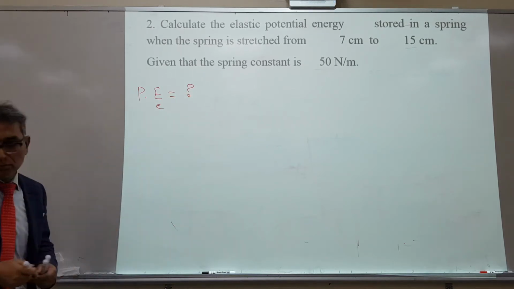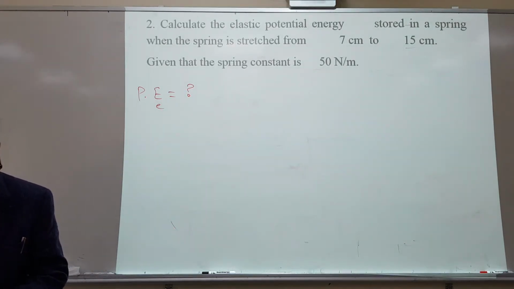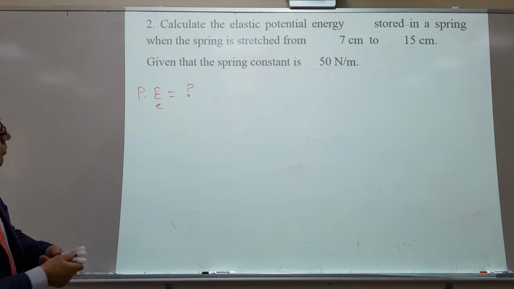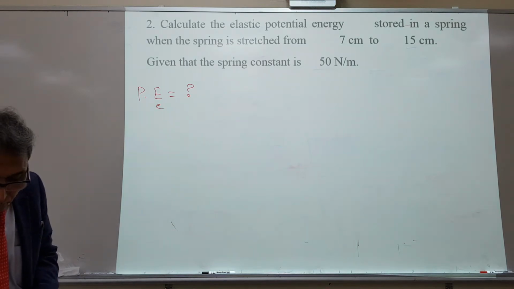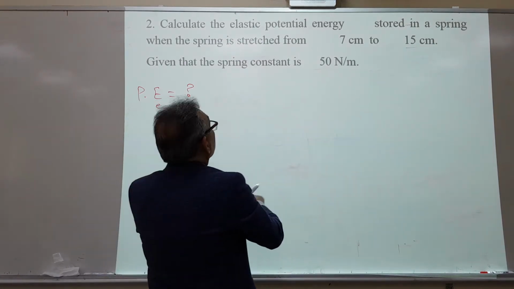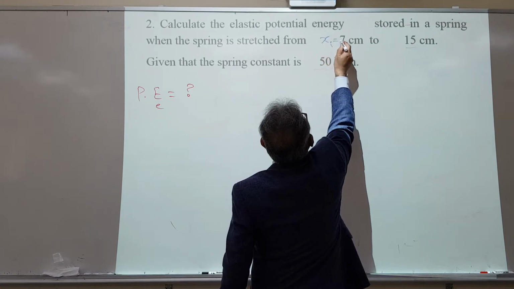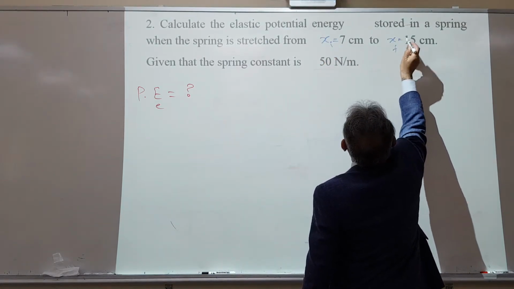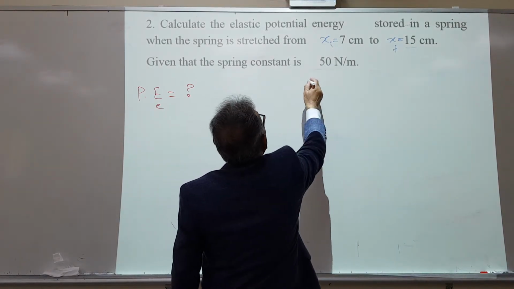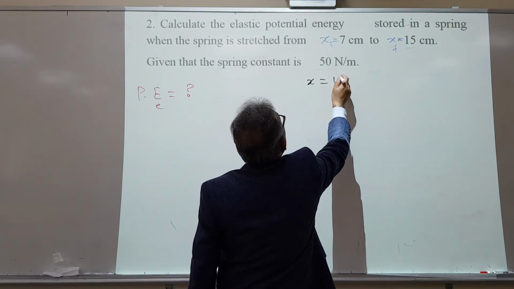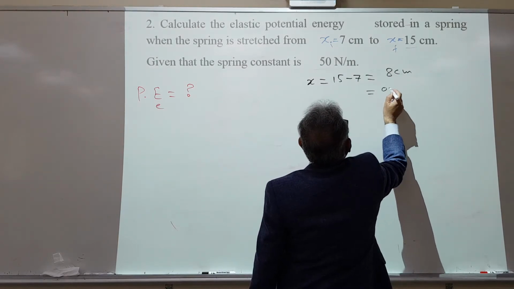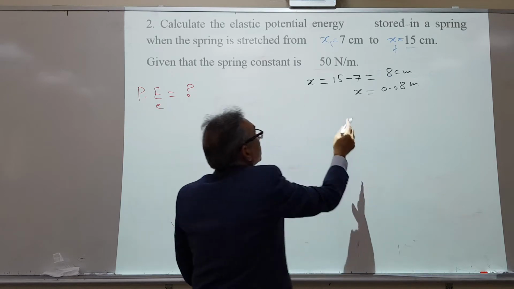You have to find out the elastic potential energy in a spring when the spring is stretched from 7 centimeter to 15 centimeter. So x or delta x will be equal to 15 minus 7, 8 centimeter divided by 100, so you will get it in meters. This is the extension.